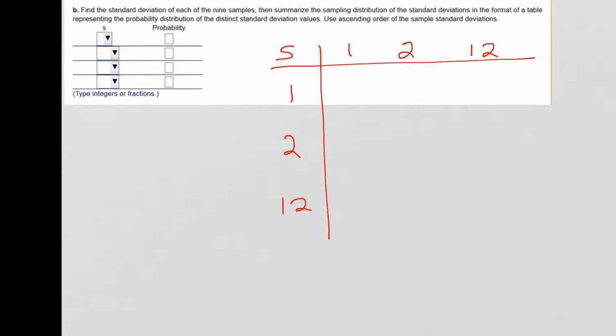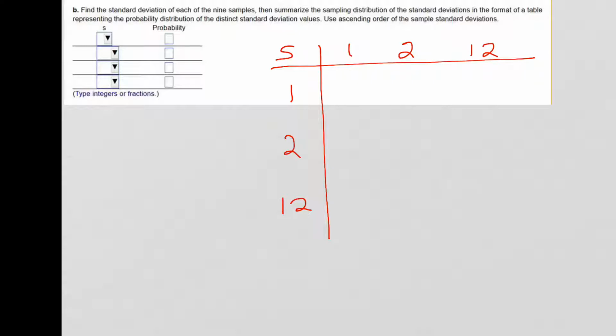In order to do this, I'm going to make a separate table of my own where I can find all of these standard deviations, or at least not so much find them as record them. Keep in mind that now we're looking at the sample standard deviation, not the population standard deviation, because we're taking little samples.